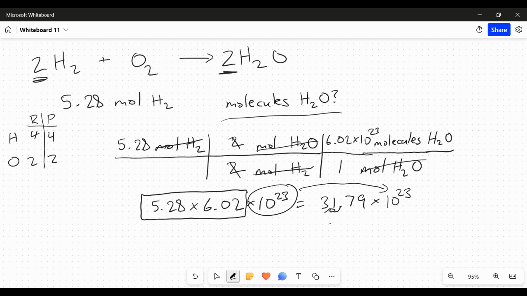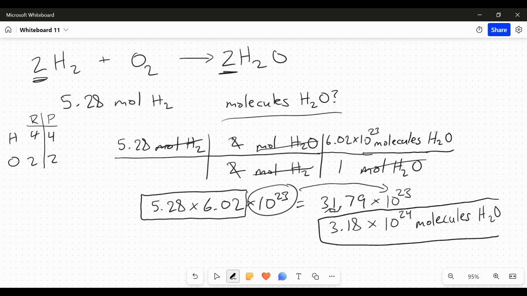So this is going to become 3.18, and because we moved it one spot, we have to add 1 to the exponent. So 3.18 times 10 to the 24th molecules H2O. Here's my answer.